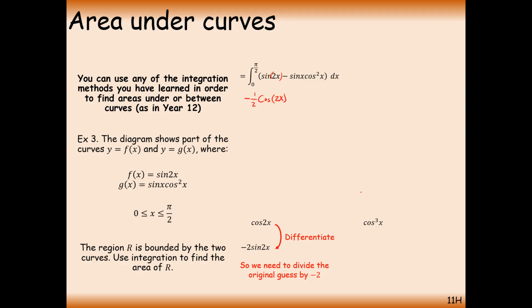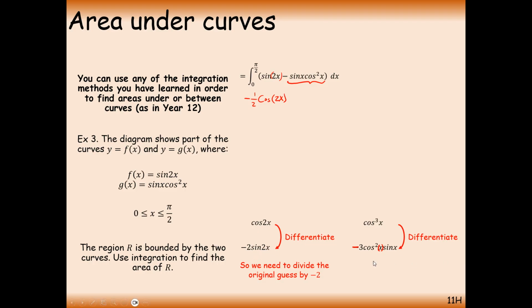Then we are going to look at a function that, when differentiated, would end up with cos square and sin x. If you add 1 to the power of cos square, we'll get cos cube. So let's differentiate cos cube. If we differentiate cos cube of x, we will have cos square of x multiplied by 3, and the negative sign is there because the derivative of the inside function cos itself is negative sine, just like the other example we did on the left hand side.